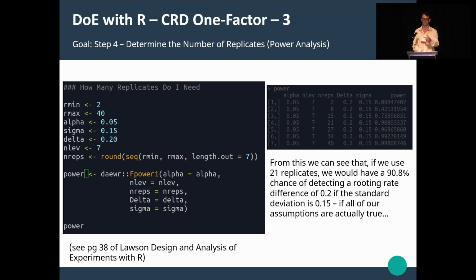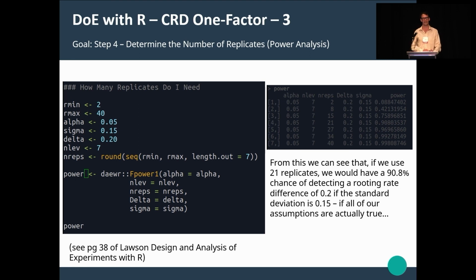It gives you this nice printout that shows that if I do this experiment with 7 levels, I'll need basically 27 replicates in order to achieve a 97% probability of detecting a 20% difference if my standard deviation is 15%.